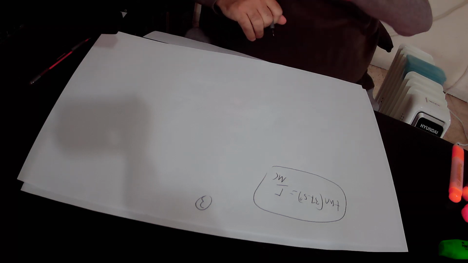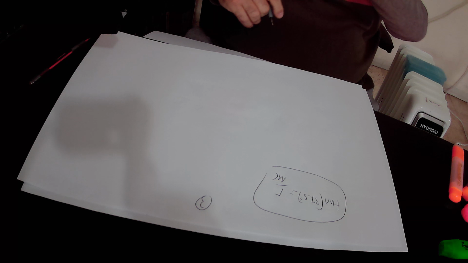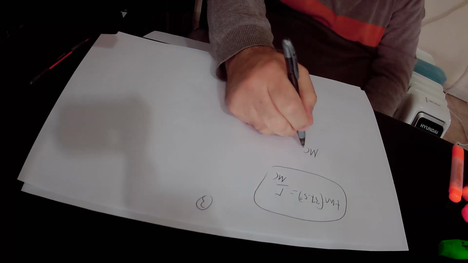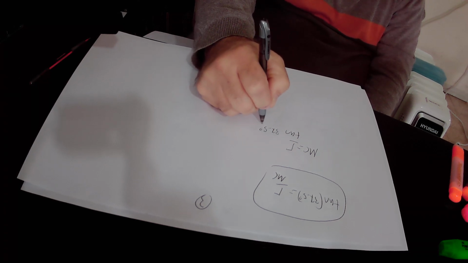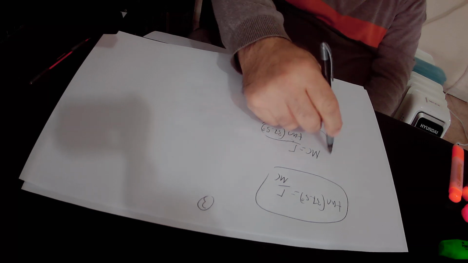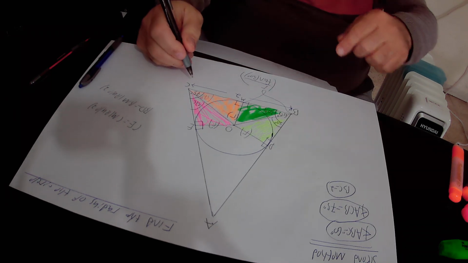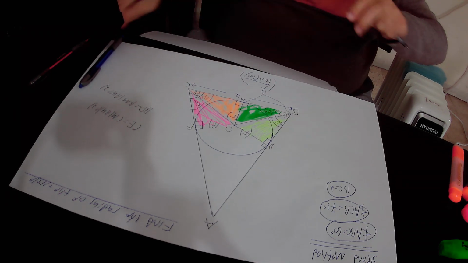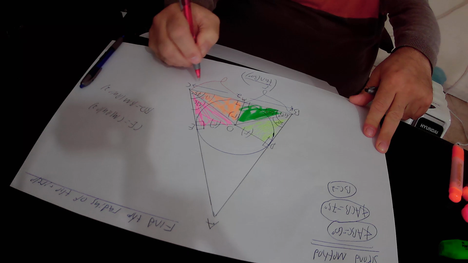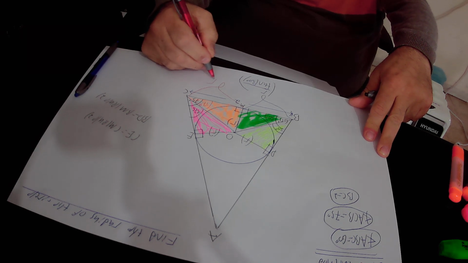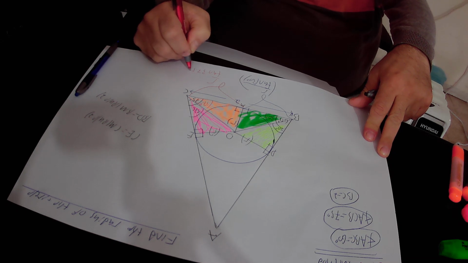Here we multiply this equation by MC and then we divide it by tangent 37.5 degrees, and we will get that MC equals R over tangent 37.5 degrees. So we actually found out that the length of this side MC equals R over tangent 37.5 degrees.